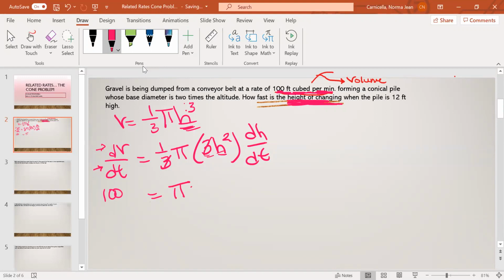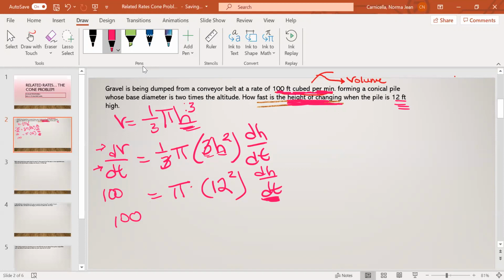The height is 12 feet high is when they want to know the change. So I'm going to plug that in, and that's squared times dH/dt, and that's our unknown, dH/dt. Now I just divide both sides. I'm trying to get this dH/dt alone right here.